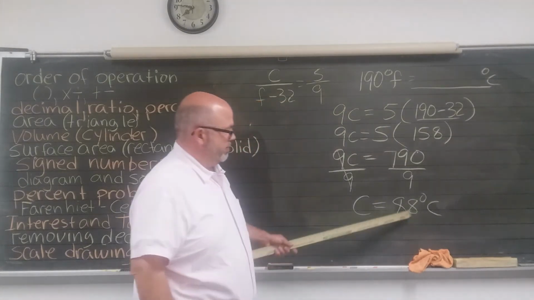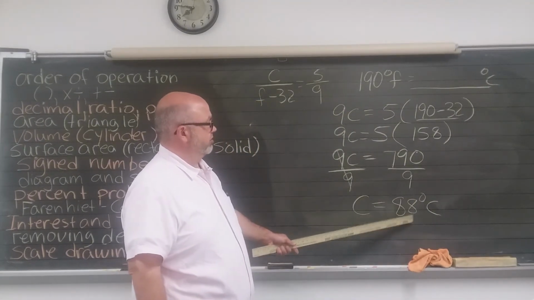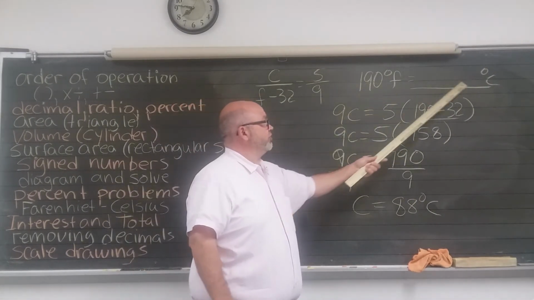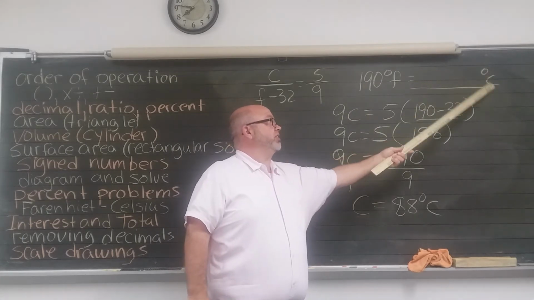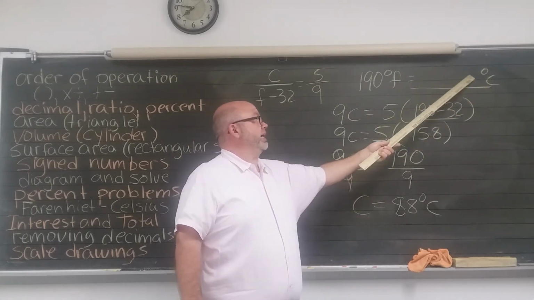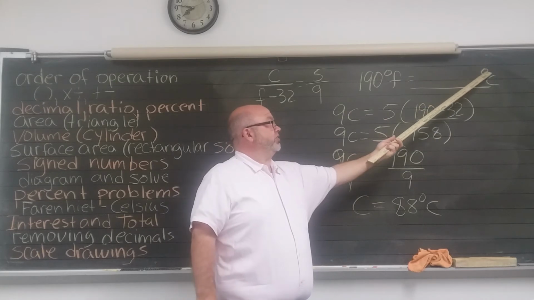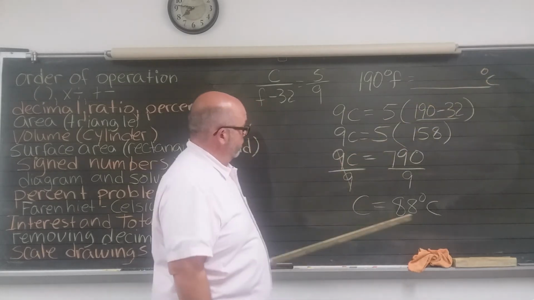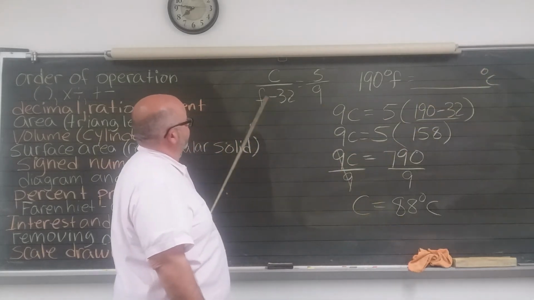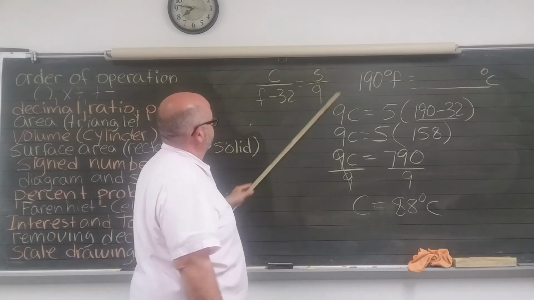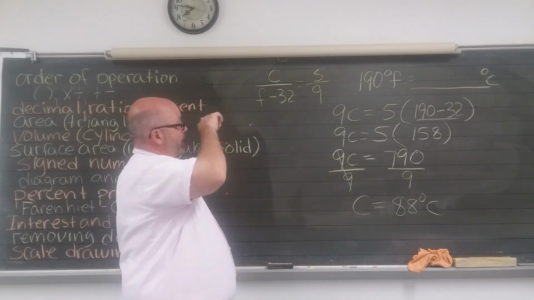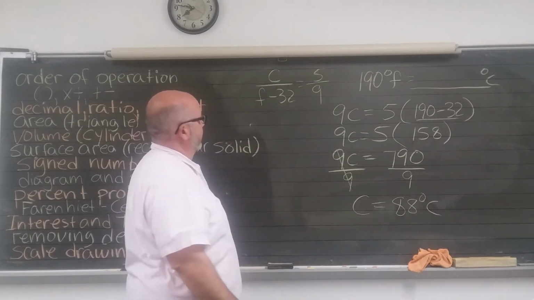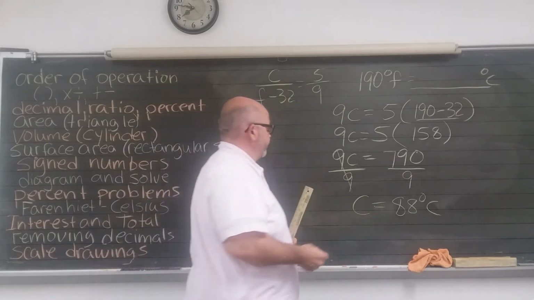Again, label 88 degrees Celsius. If it has a spot like this for the answer, all you have to do is put 88 in there. Make sure you have a degree sign and Celsius with this. And this is always that formula. So check that out. You will need to know that. C over F minus 32 equals 5/9.